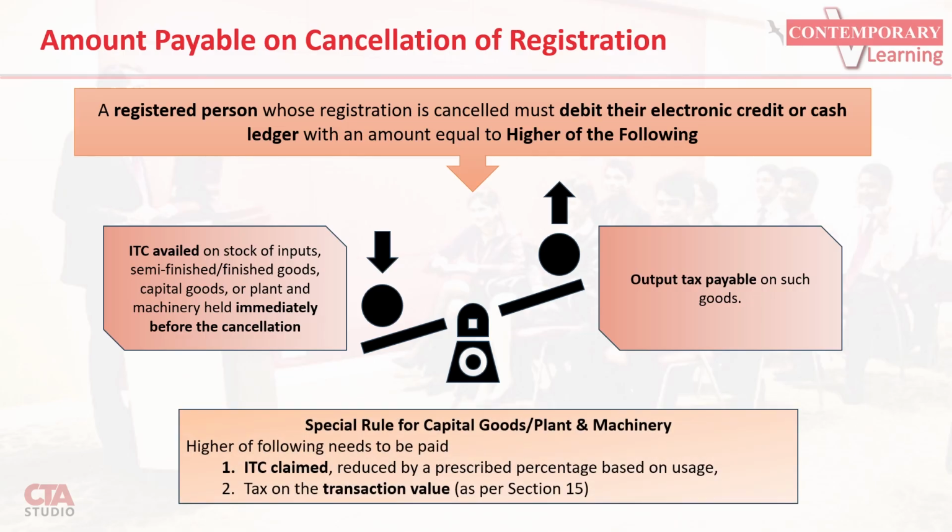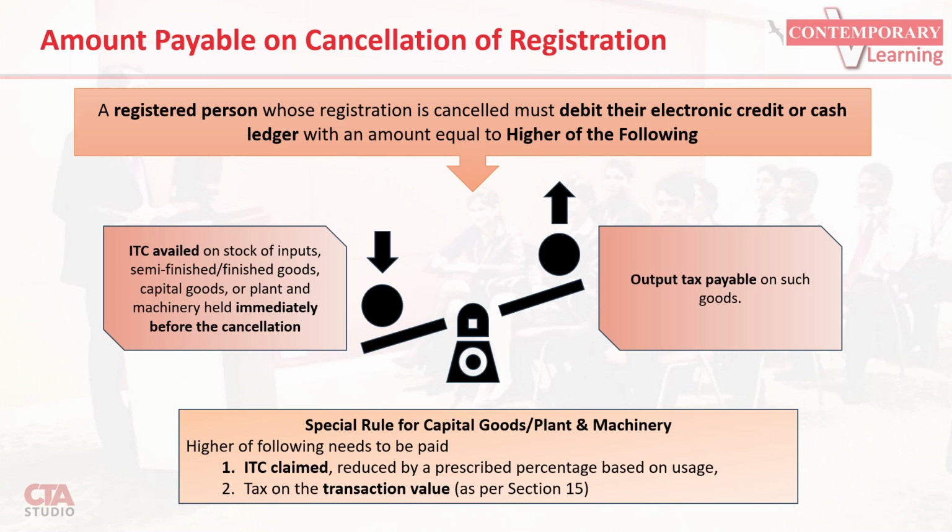Let me explain the special rule for capital goods and plant and machinery. For these items, the higher of the following needs to be paid. 1. ITC claimed reduced by a prescribed percentage based on usage. This recognizes that capital goods depreciate over time.